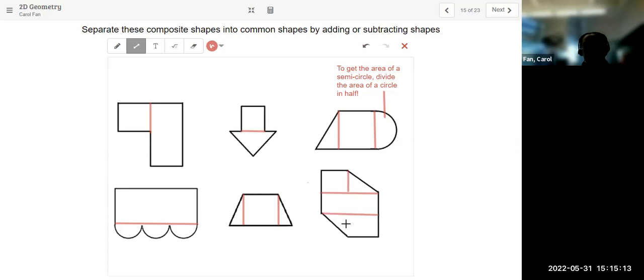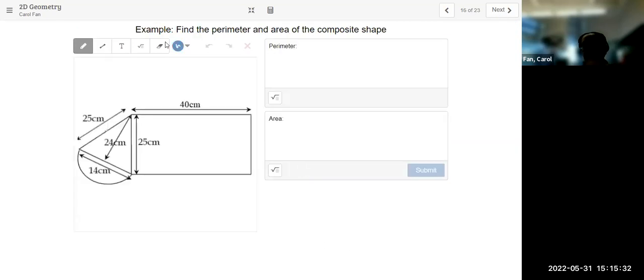You see this as 3D? So here I've got 3 rectangles and 2 triangles. Now you may have divided this differently. That is all possible. So let's do this example here.